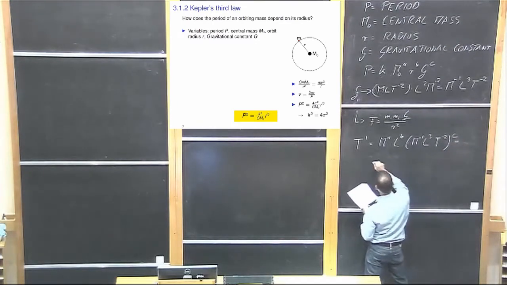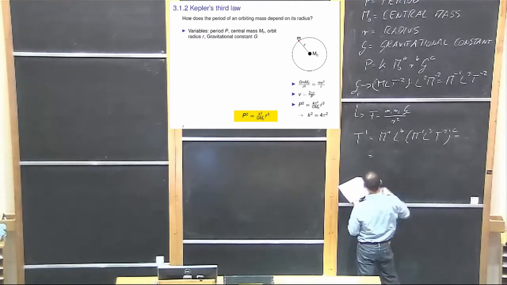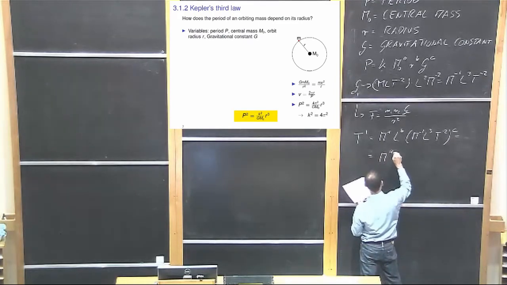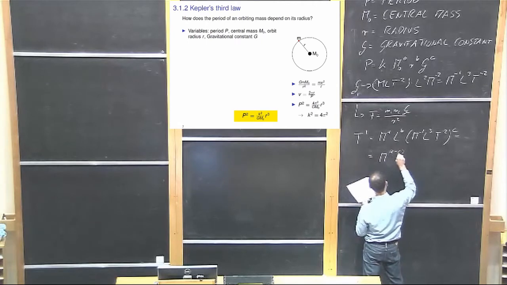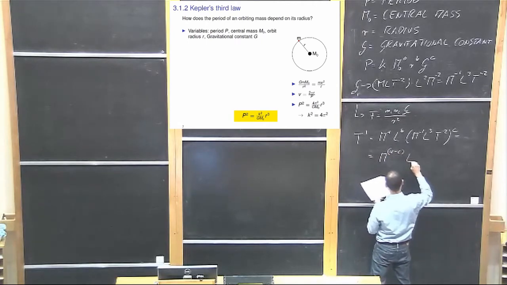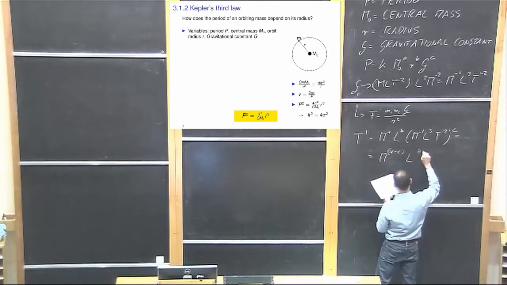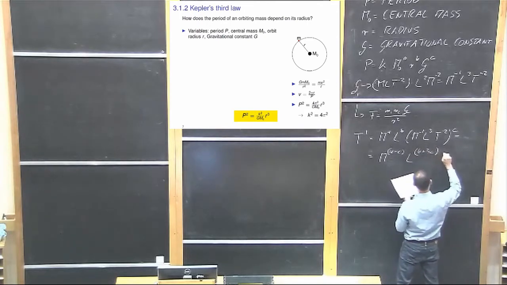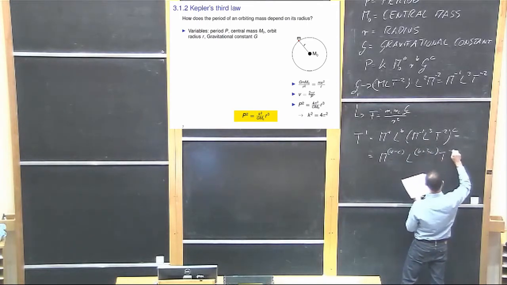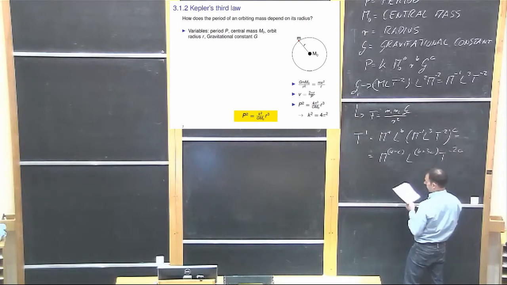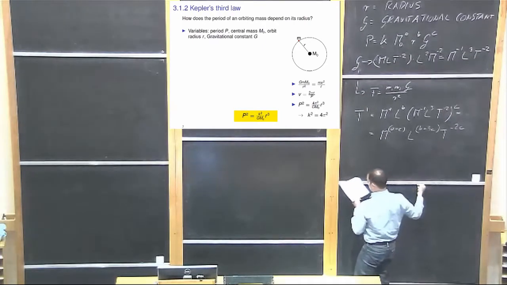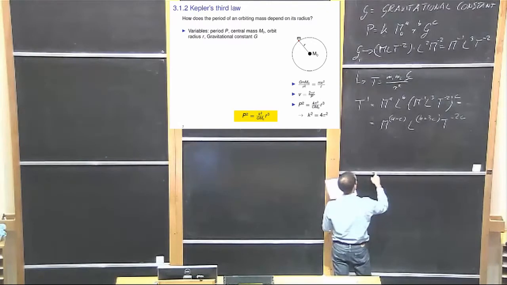And if we simplify that and pull the terms together, we get A minus C, L, B plus 3C, T, minus 2C. So now we again compare the terms.